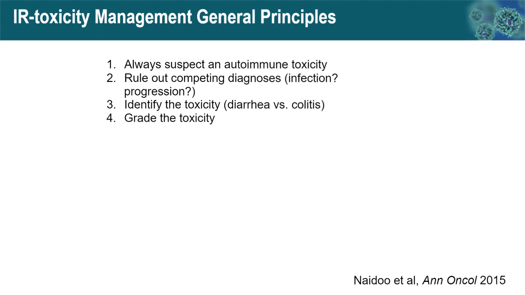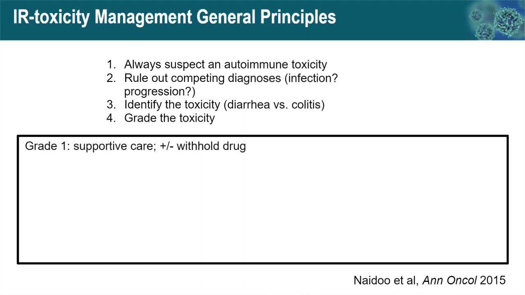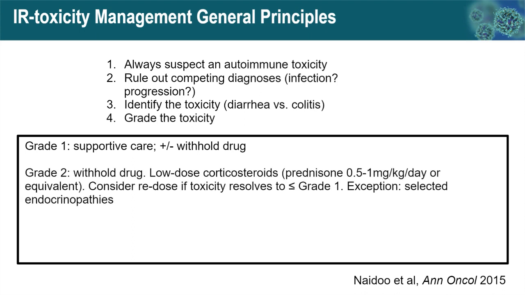The management of immune-related toxicities is stratified according to the severity of those toxicities. Broadly, a grade 1 toxicity is defined as a mild toxicity which can be managed with supportive care with or without drug withholding. Grade 2 toxicities in general are those that lead to symptoms developed by the patient but do not require hospitalization.